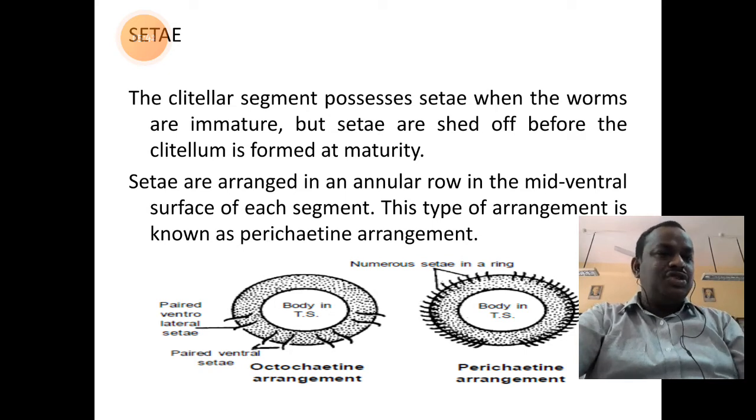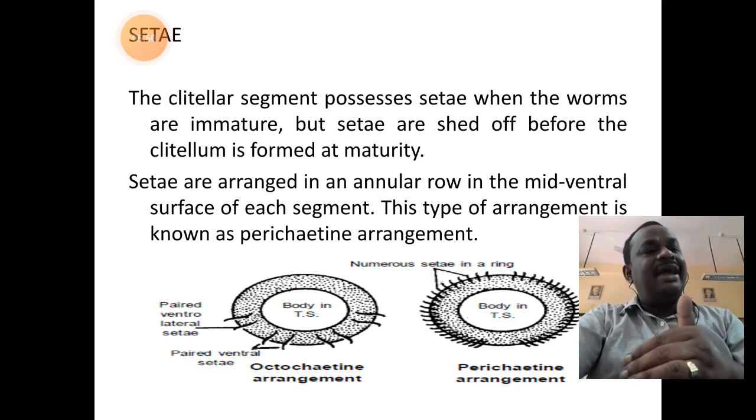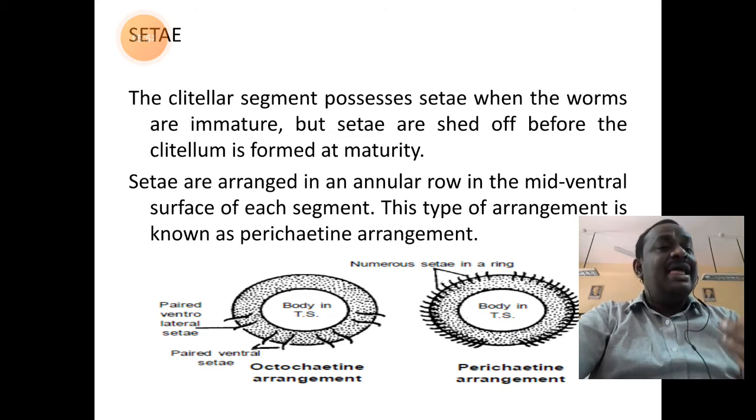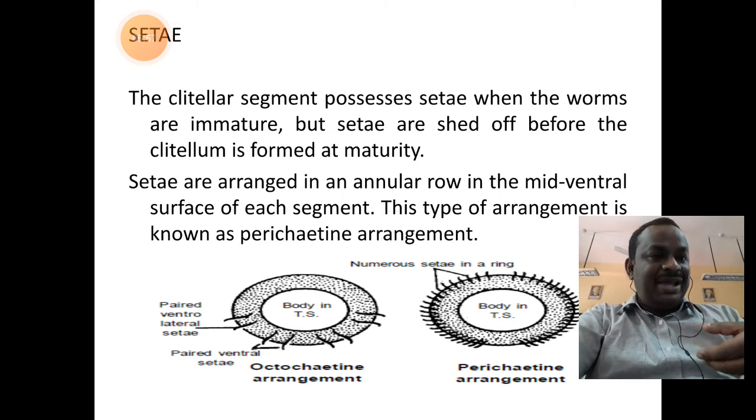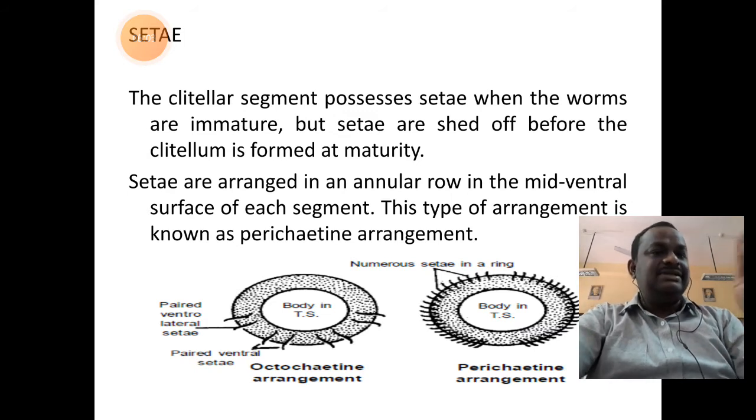This arrangement we call perichaetine arrangement, referring to the arrangement of 80 to 120 setae in every segment, where more concentration is seen towards the ventral surface than the dorsal surface. So, this is the importance of setae.